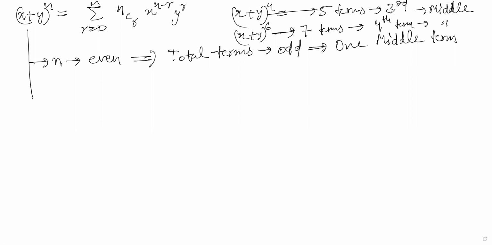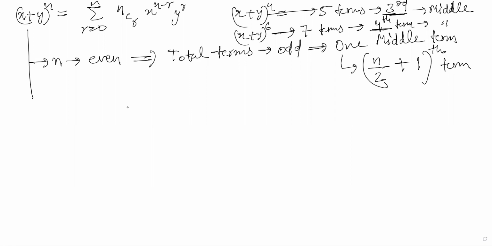Add 1, 3. This is the middle term. Divide 6 by 2, 3. Add 1, 4. What did we get? The analogy is: divide n by 2, add 1 to it. This will be your middle term.